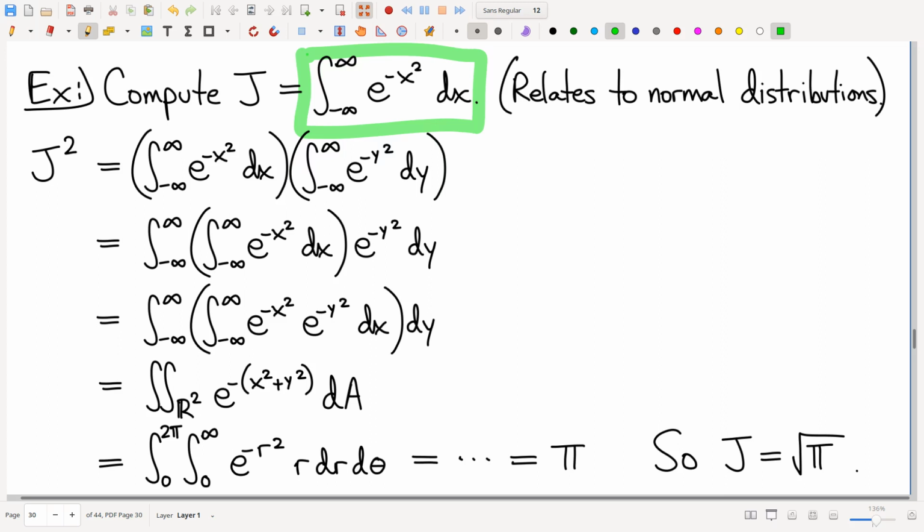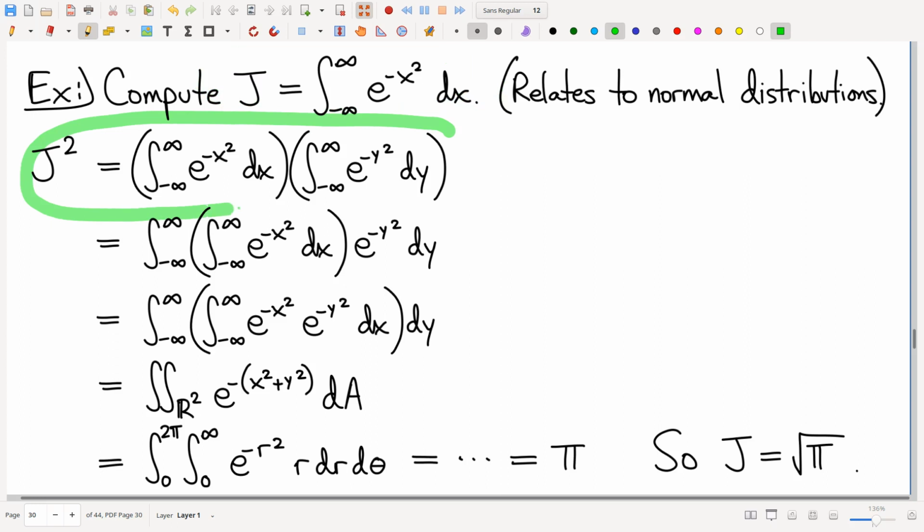It's a tough one. So here's the really clever idea. This is super clever. I did not think of this. Somebody showed me, whatever that's worth. I'm going to compute J, just calling it J, by instead computing J squared. Now, it doesn't look exactly like I've written down two factors of J here.